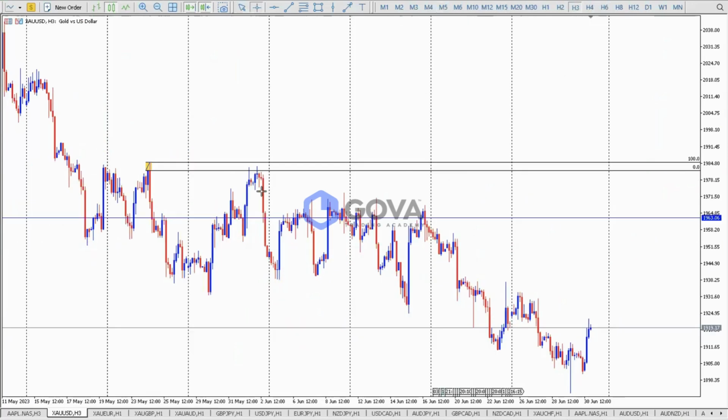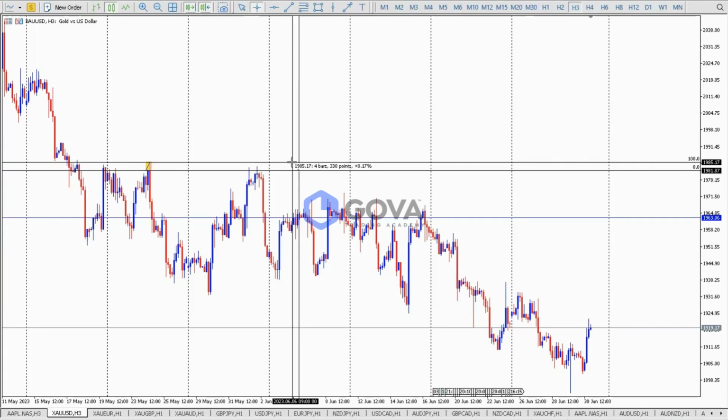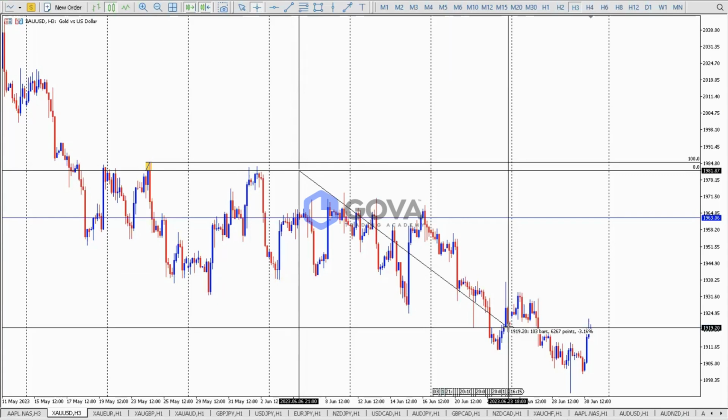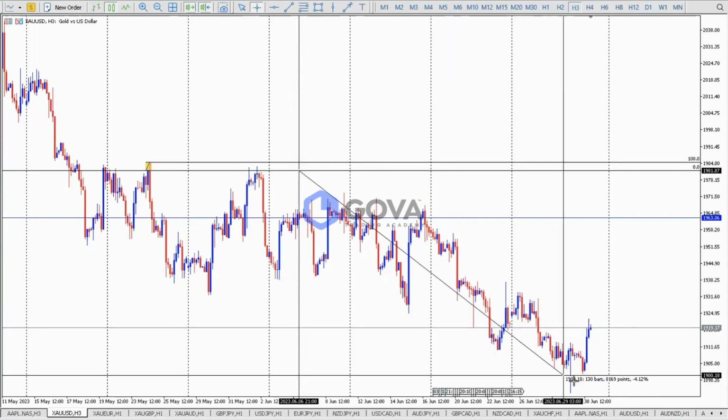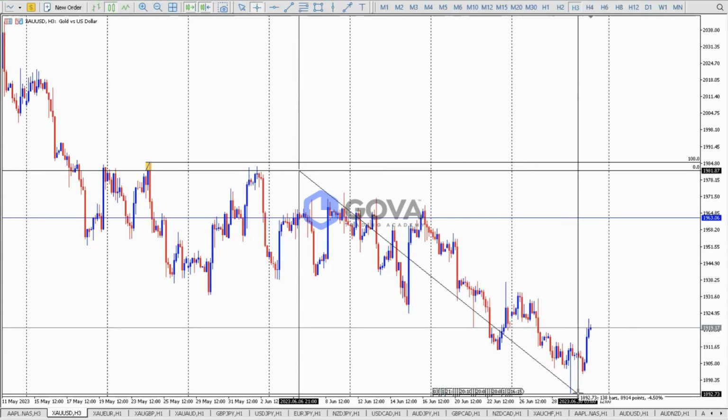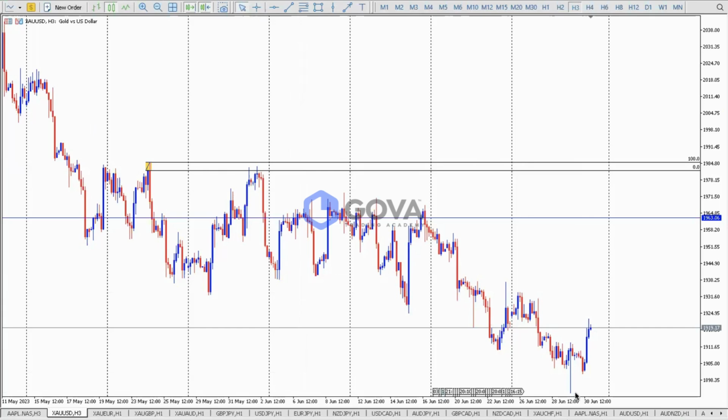The original risk on this zone was 33 pips, and the reward, as you can see, is 889 pips.